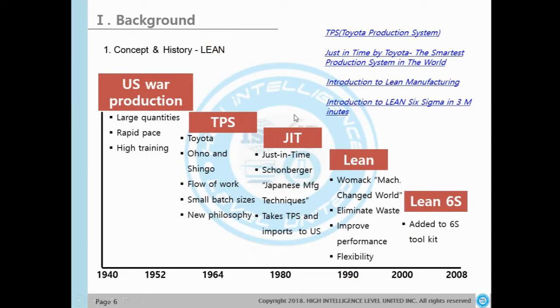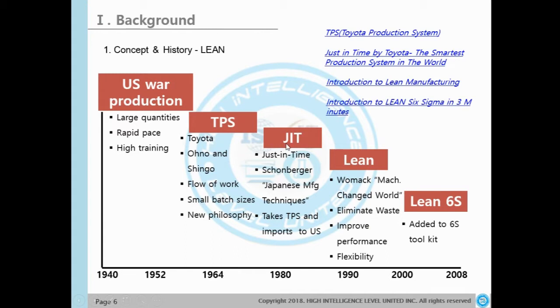Let's think about lean. What is lean? There were times of US mass production, large quantities, rapid pace, high training. And then after World War II, especially in Japan, TPS, Toyota Production System, they had a sensation.